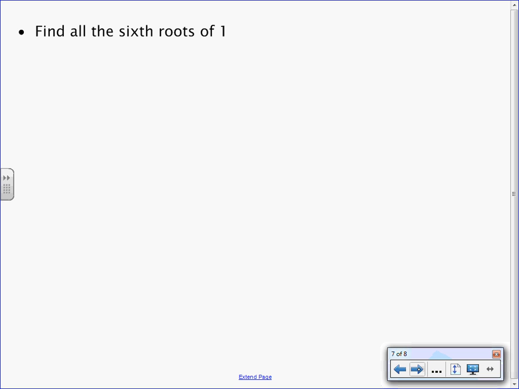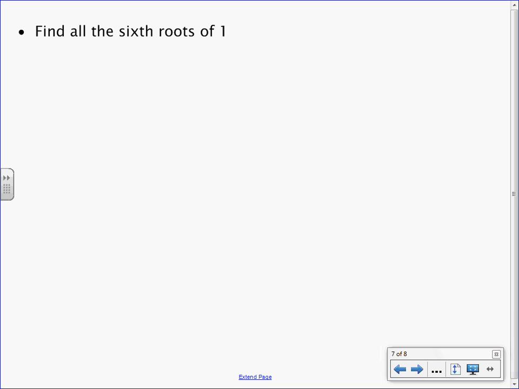We're finding the sixth roots of 1. There's 6 of them. Okay, first of all, let's put this in trig form. What is our angle? 0 degrees. And what's our absolute value? What's R? 1. Okay.